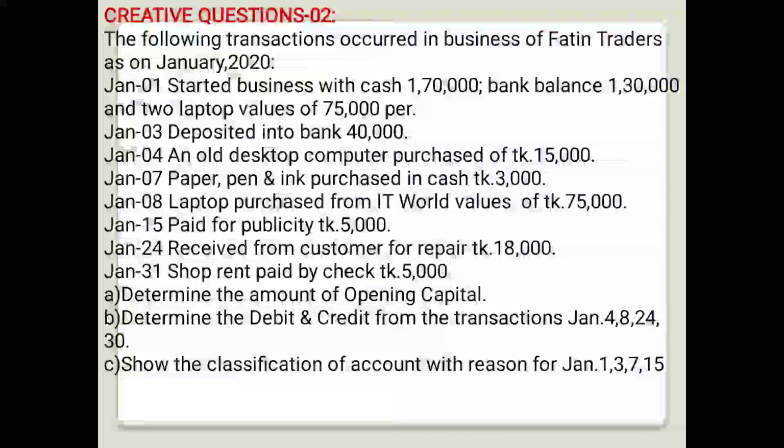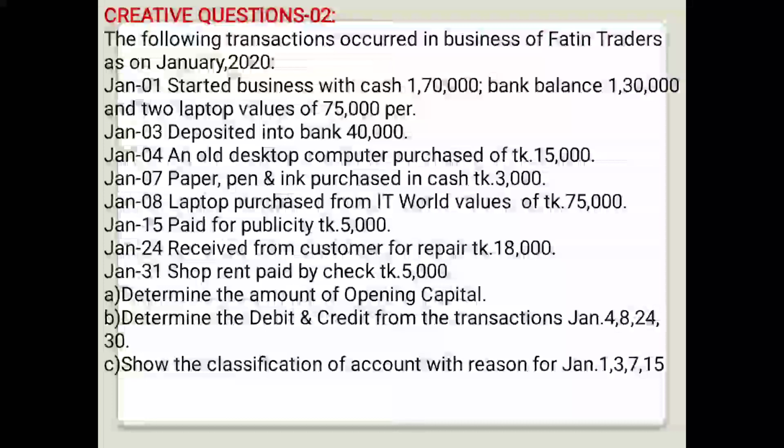January 8, laptop purchased from IT World, value of Taka 75,000. Another laptop purchased from IT World. Any kind of laptop or desktop purchased is related to office equipment. So for the laptop purchase, office equipment is debited, but what is the credit? It is written from IT World. Without other information, when any person or institution is related to a purchase or sale, it already indicates a credit transaction.